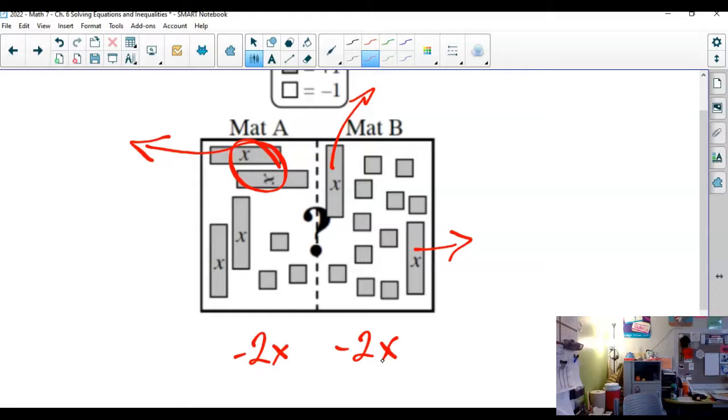So then, Franco, what else could we do? Take away 3 of the 1s, as long as we take away these 3. So I have minus 3 from both sides.